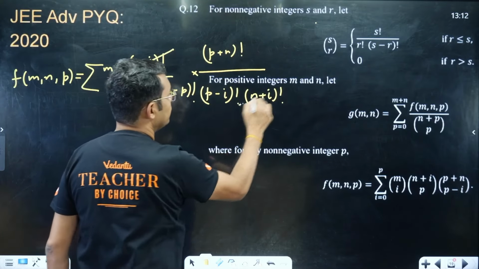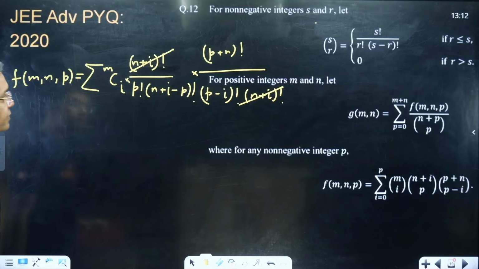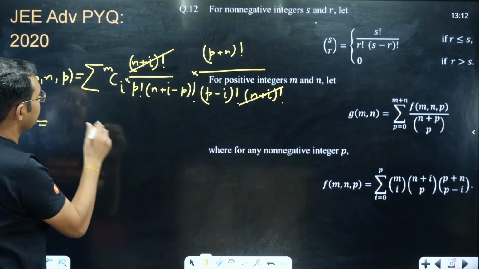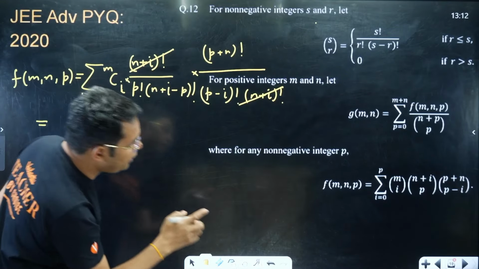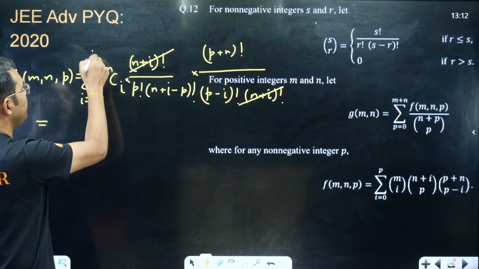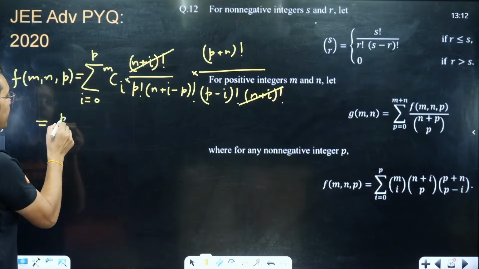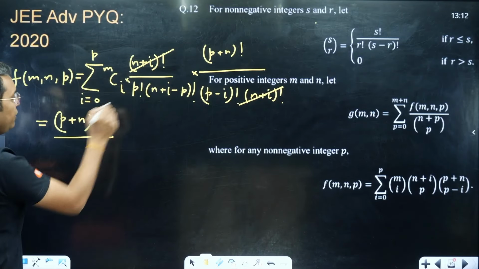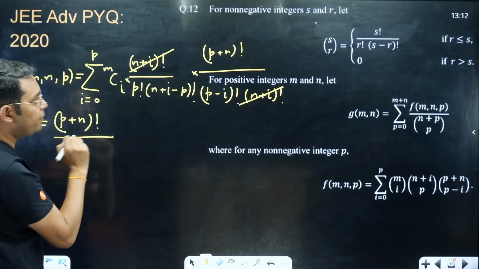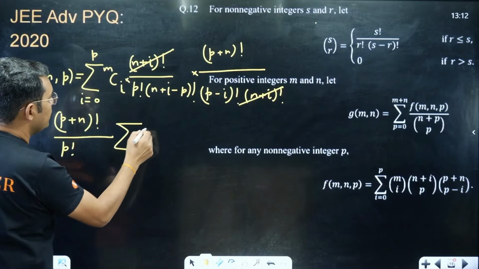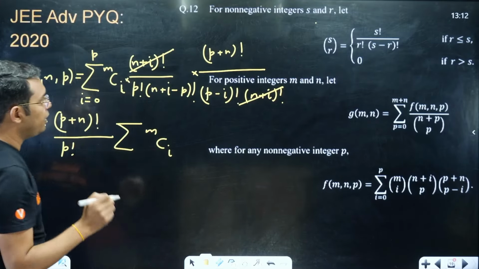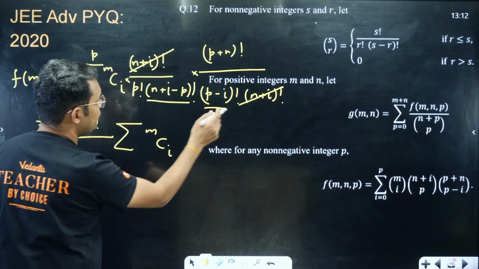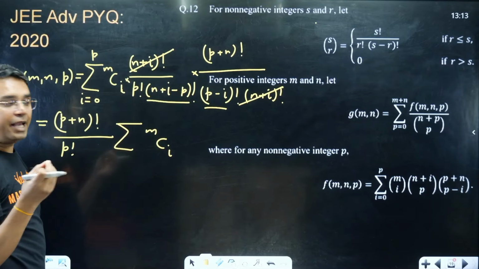So n plus I factorial, n plus I factorial is getting cancelled here. Okay, so what we are getting here, p plus n is independent of I. My I was starting with 0 going till p, so I can keep p plus n out of this summation sign. In fact, this p factorial can also be written outside, and this MCI will be written here. Now please notice that these two terms, if you take the sum of them, it becomes n factorial.